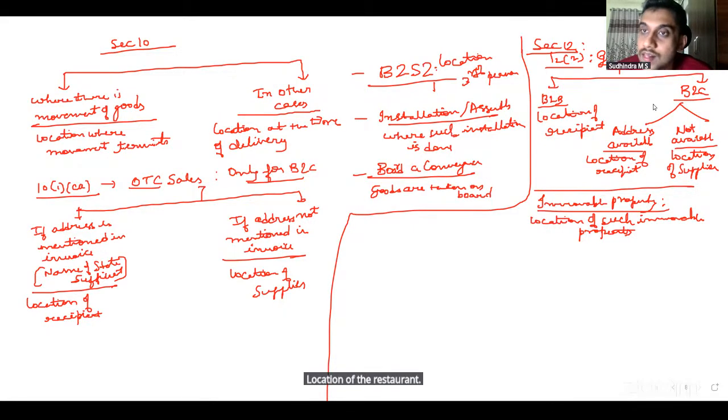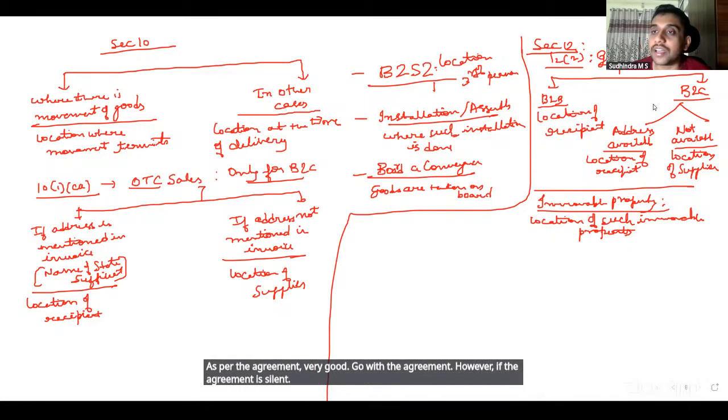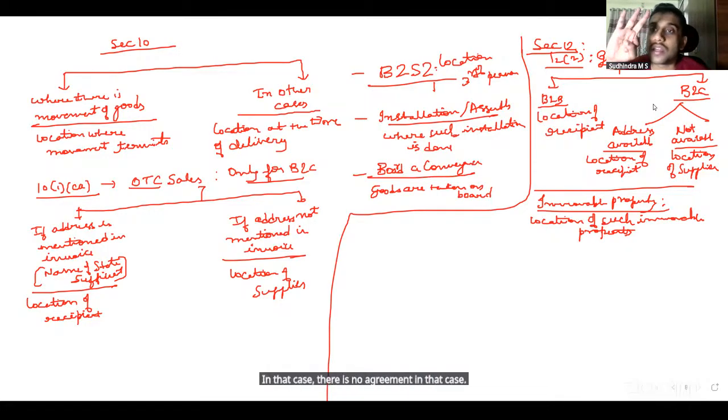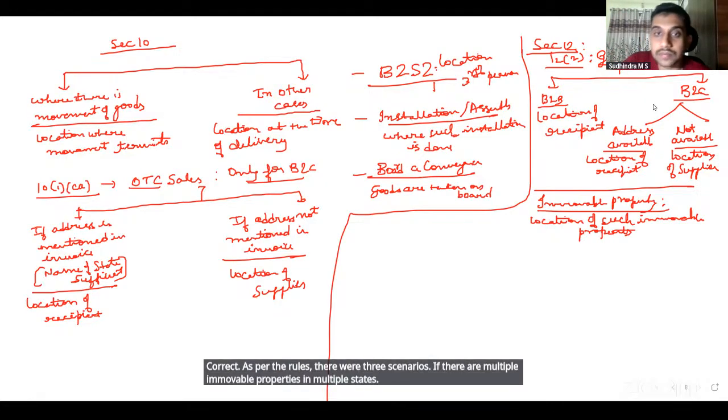First check the agreement. Go with the agreement. However, if the agreement is silent, then I have to go with the rules. As per the rules, there were 3 scenarios. If there are multiple immovable properties in multiple states, the number of nights stayed in such immovable property.